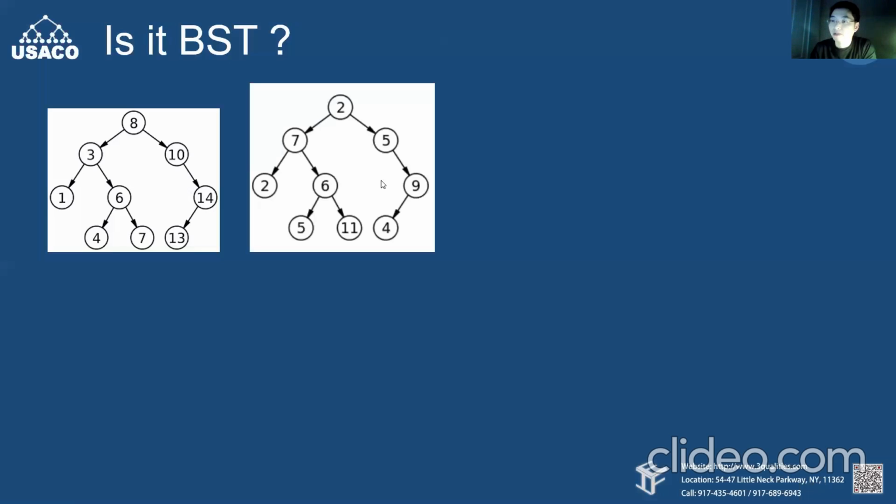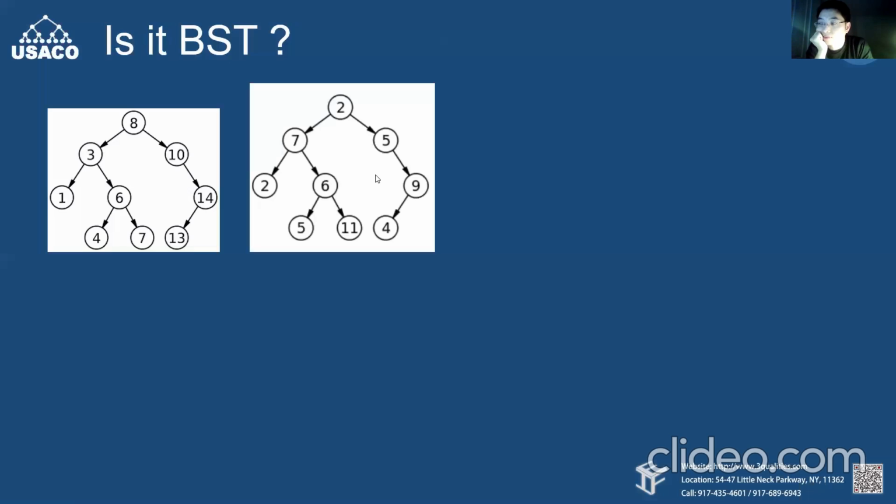If the second tree is a binary search tree, why? It's all less than 2. Which is less than 2? Tell me which node is less than 2?